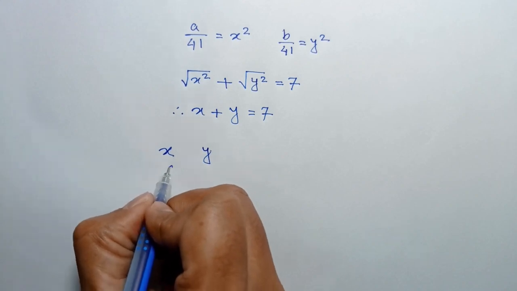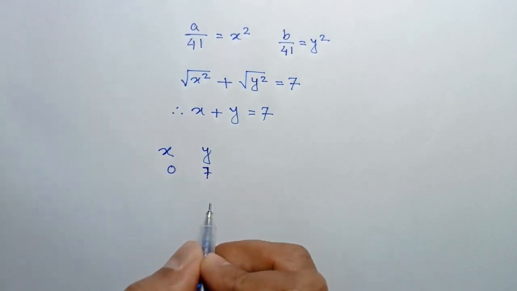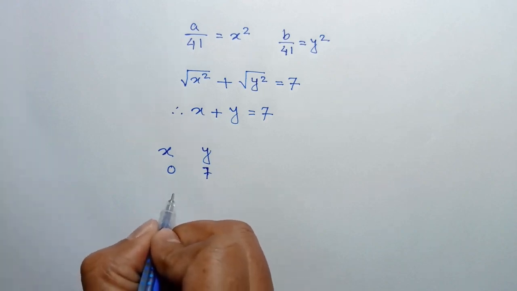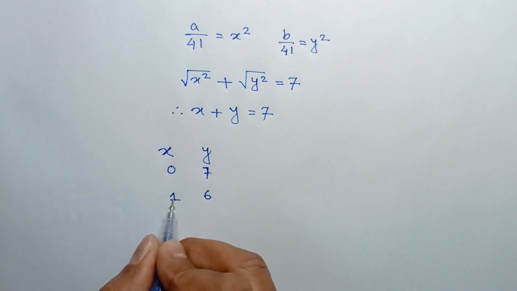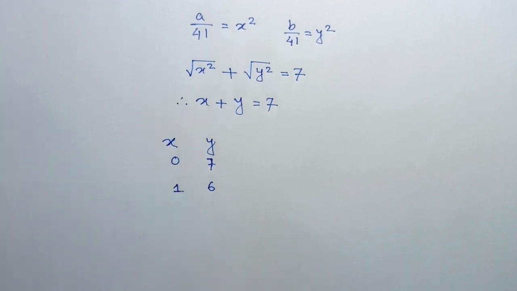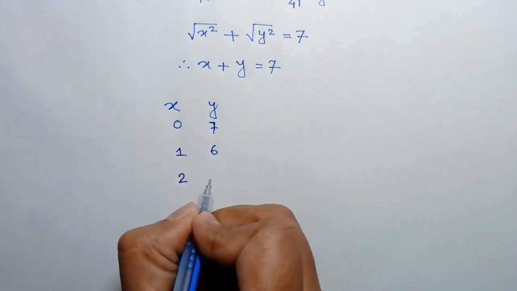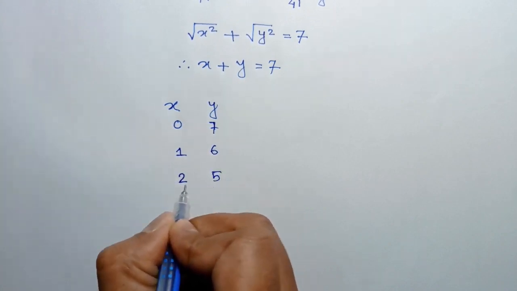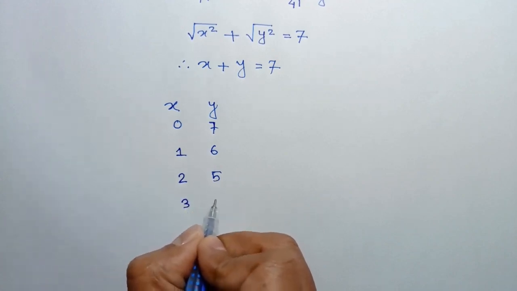so for integers we can write x and y. So when x is equal to 0, then y is equal to 7, and when x is equal to 1, y will be 6. 6 plus 1 is 7. When x is equal to 2, then y will be 5, and when x is equal to 3, then y will be 4.